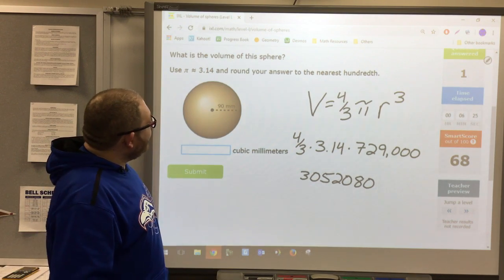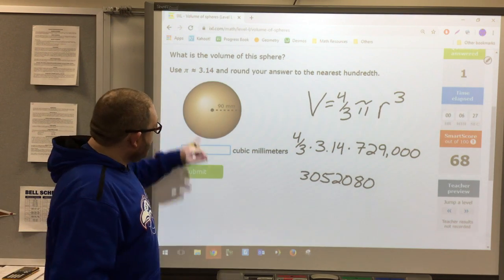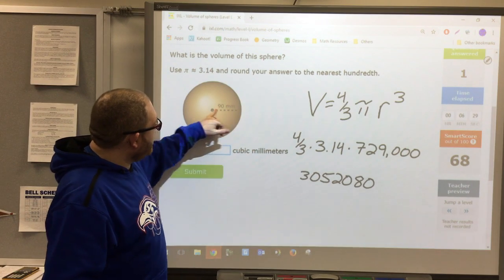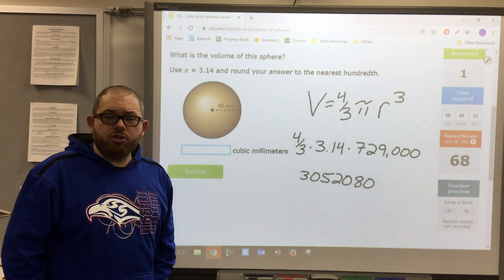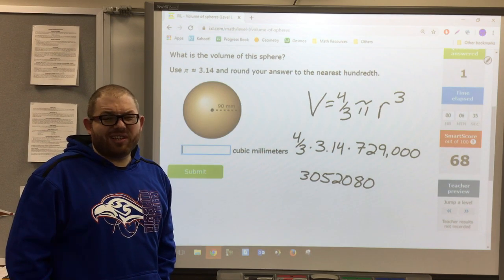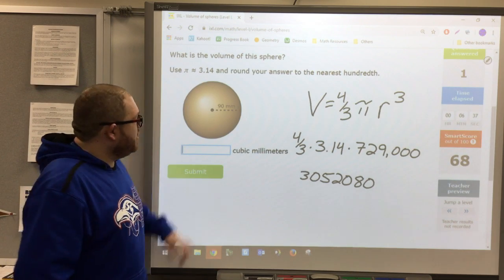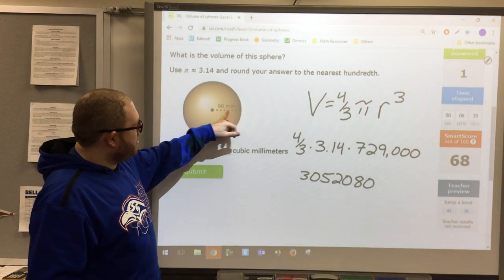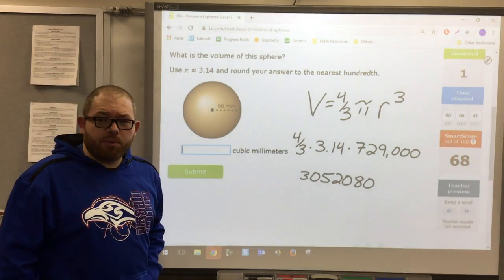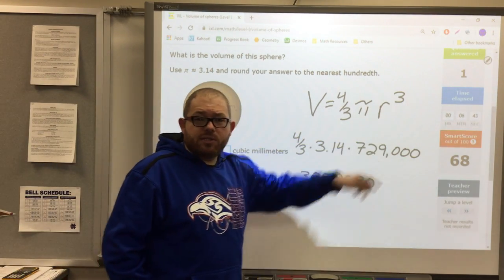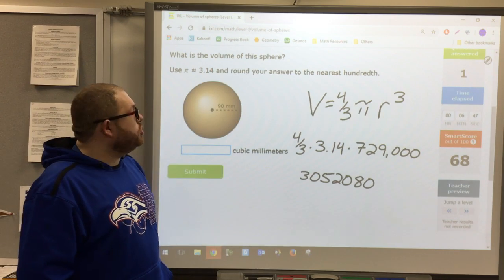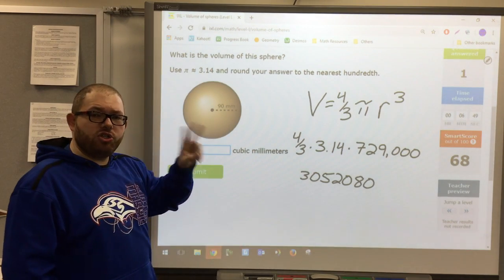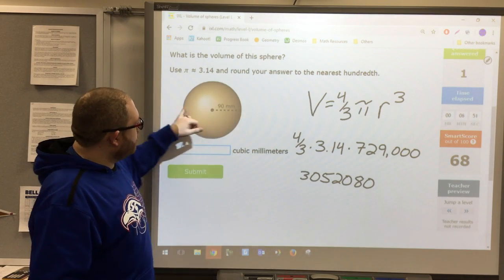Now, I didn't see any examples show up where they had the dotted line go all the way across the sphere. That's the only other thing they could do to make these questions just a little bit different. So if they give you the entire length across the sphere, remember, you need the radius. So the first thing you would do on a question like that is you would divide the number by 2 if it goes all the way across.